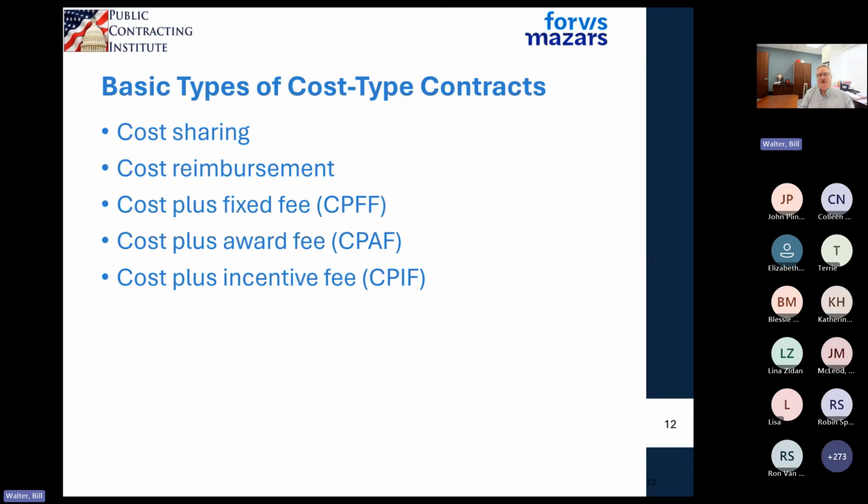I want to get this road built very quickly. So the faster you get it done, I will give you some additional fee. Or if you underrun cost, we know that there's a lot of risk here. But if you can underrun your cost by a certain percentage, we'll give you an increase to your fee. But if you overrun, we'll decrease your fee. So lots of different types of contracts associated with the cost plus world.